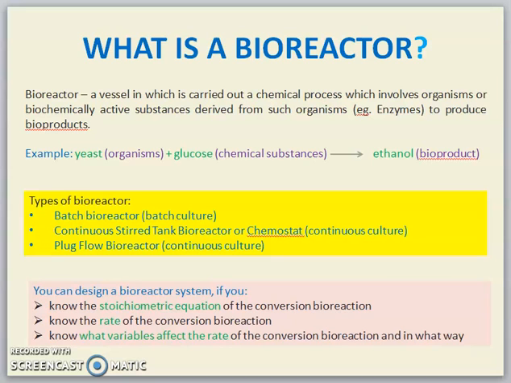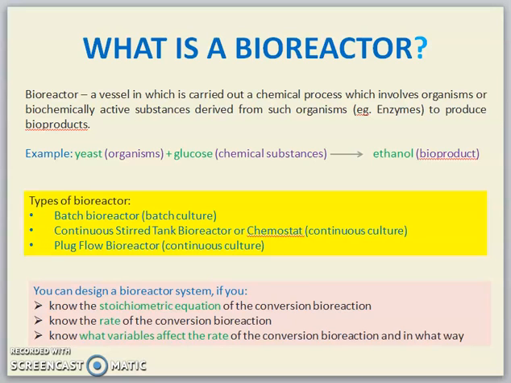For example, in the production of ethanol, also known as bioethanol, we use yeast as the organism and glucose as the chemical substance, which is known as a substrate. In the bioprocess, you need a substrate for a cell to consume in order to produce bioproduct.